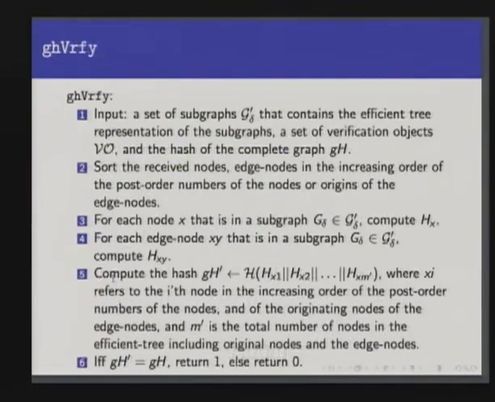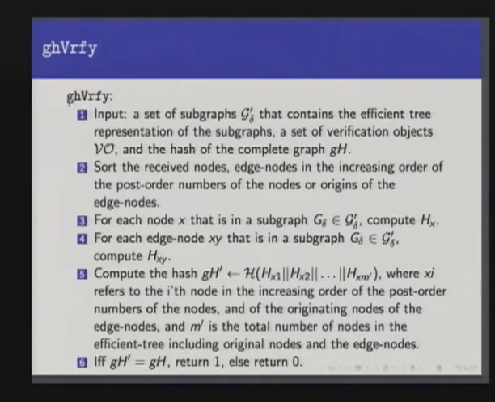The last algorithm is the graph verification. This algorithm is run by the user on his side. So the user has three things with him. He has the global hash value of the graph. Then from the third party untrusted server, he has a set of subquery results and a set of verification objects.